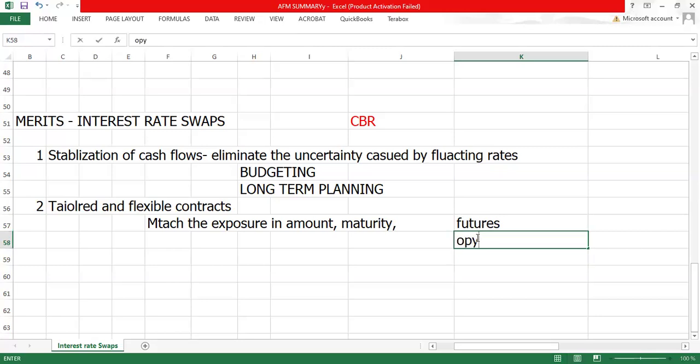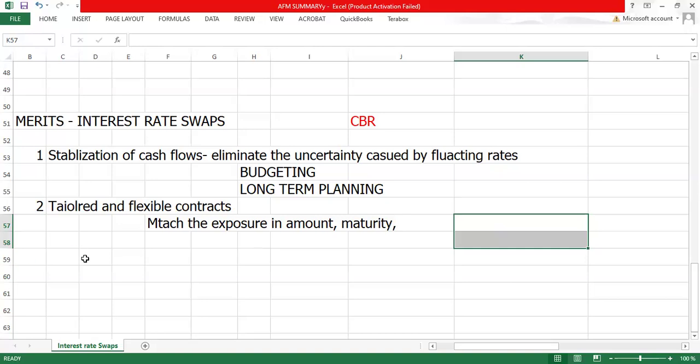You have to go with what is in the market. But when it comes to the swap, you just agree on the amount and you move on. Right? The amount, the time, you agree. Okay, there is that kind of flexibility.